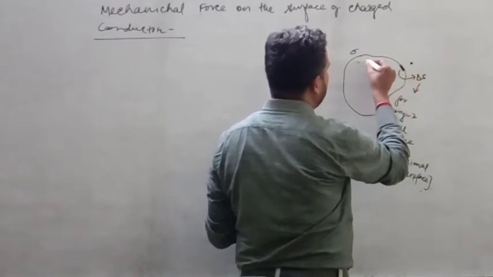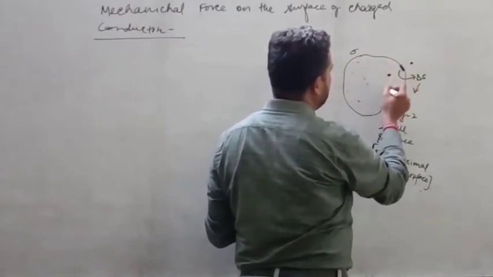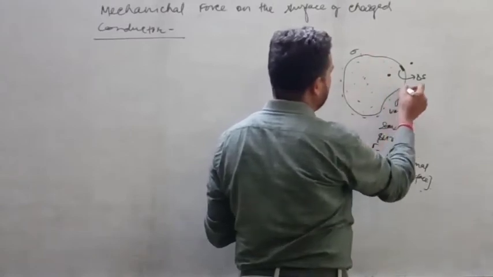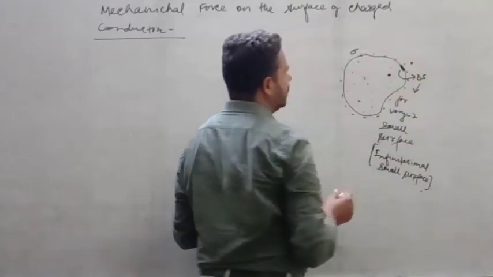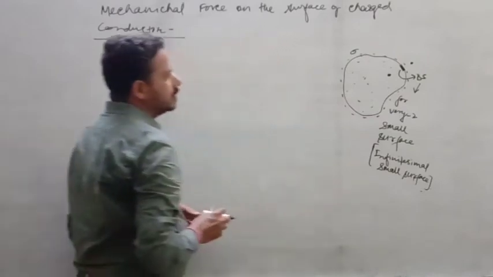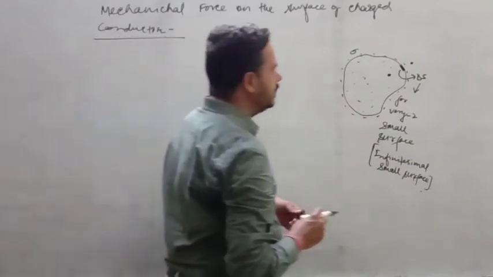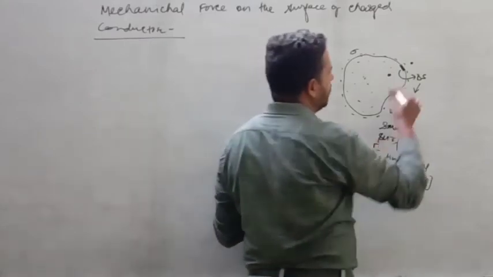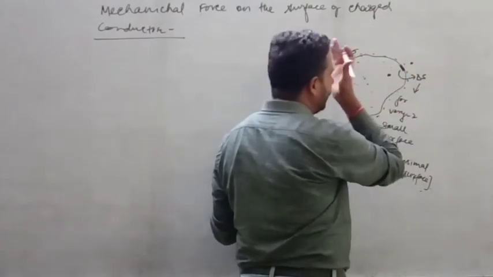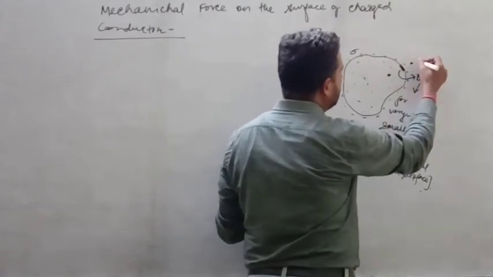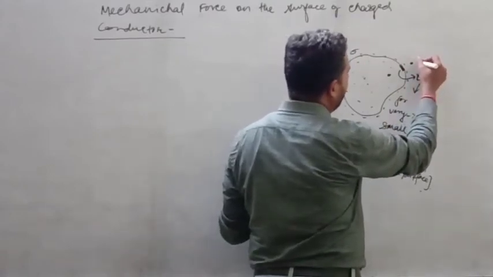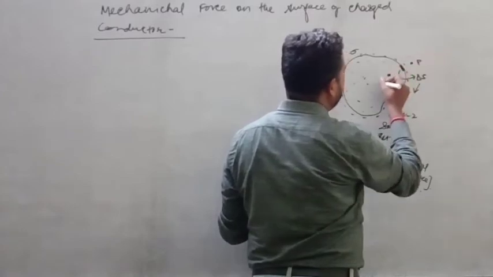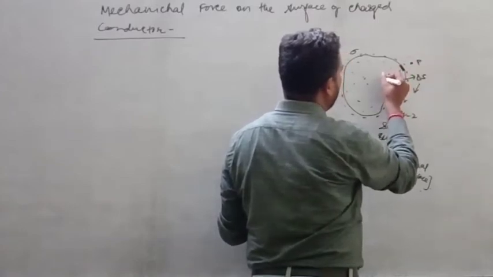There is a charge everywhere on its surface. Suppose this one is point P and this one is point Q.